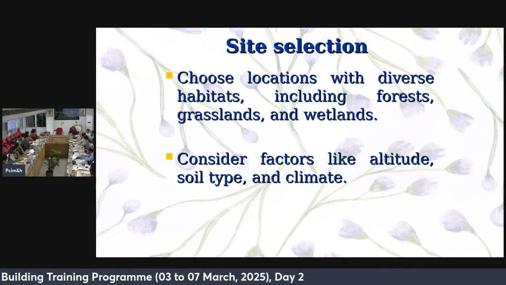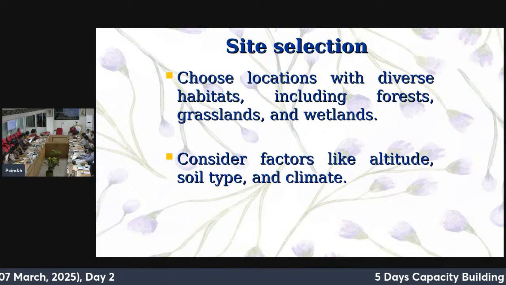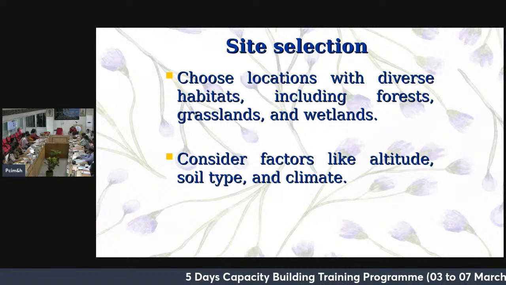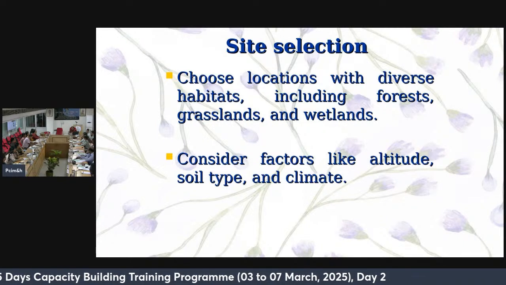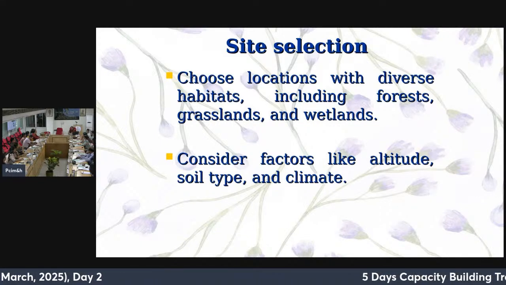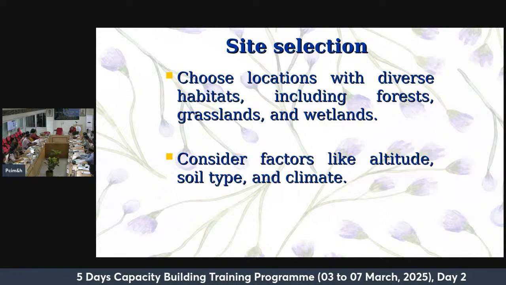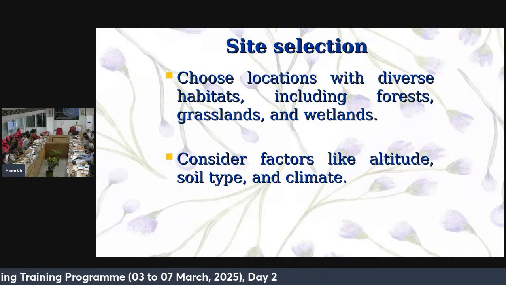The second is that we also have to be aware whether we go to the forest, grassland area, wetland area, whatever area is required. And second is the identification. Before planning the collection, we should be aware of the morphology and identification. As you know, in the collection team, a taxonomist who knows well the morphology of the plant and its identification should be with us in the survey collection team.